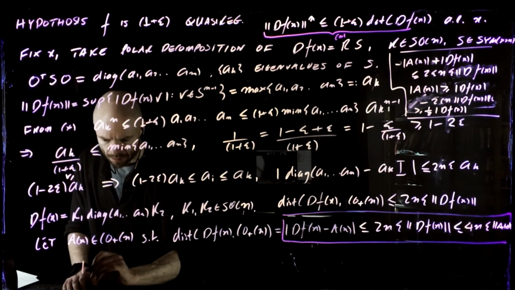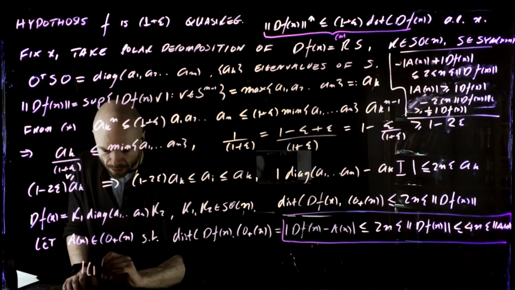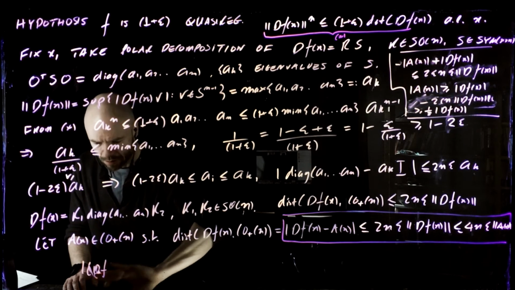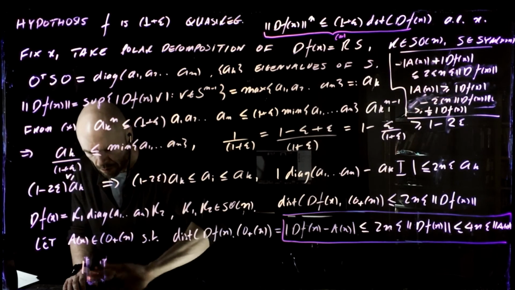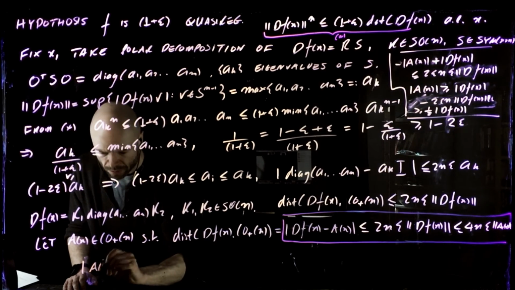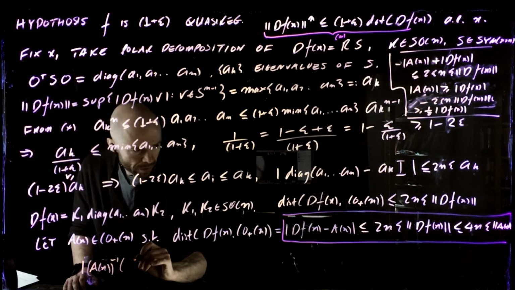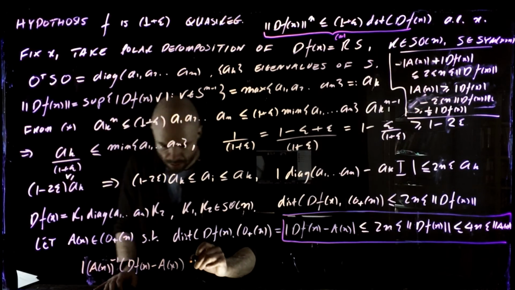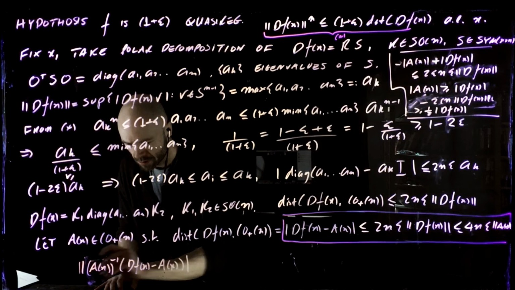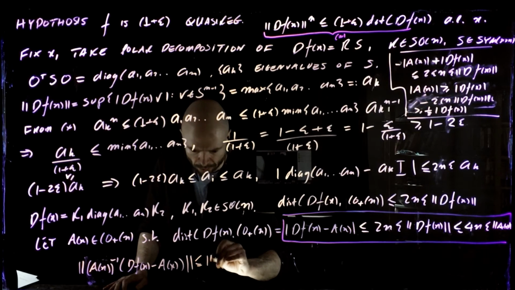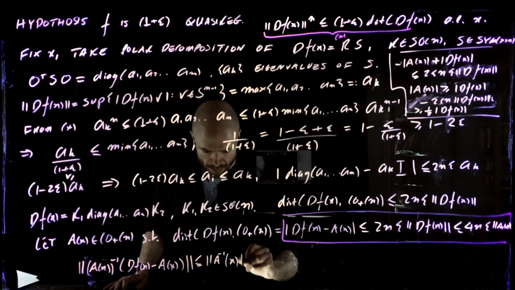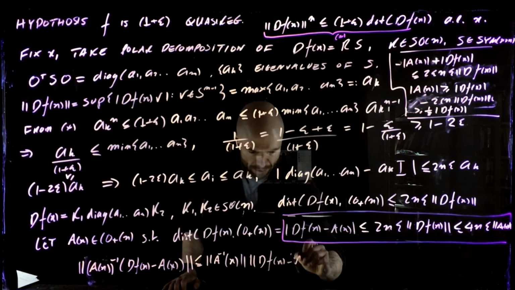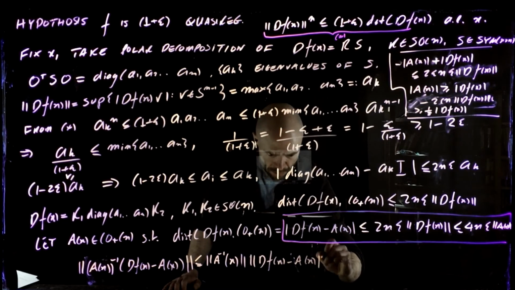So we have that A of x to the minus 1, the gradient f of x minus A of x, like this, is less than the operator norm of A to the minus 1 of x, and then this thing, the gradient f of x minus A of x, operator norm.